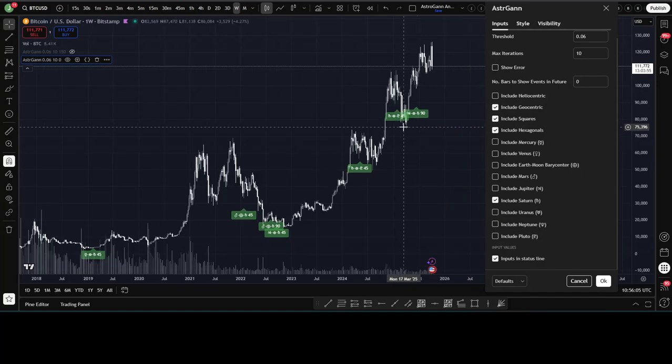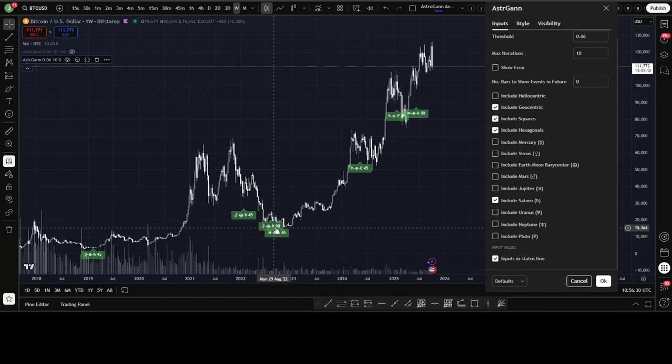I think in this case it's Saturn in relation to all the other planets that it makes. So in this case you've got Mars, and then Earth, and then Saturn. And basically it means that it made a 45-degree angle at this point.